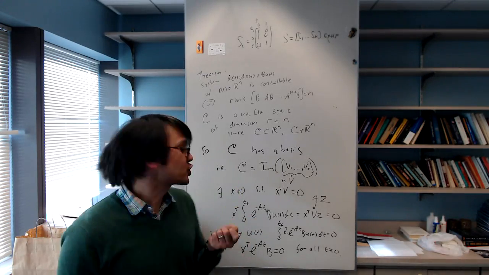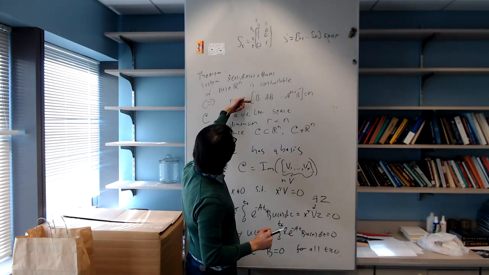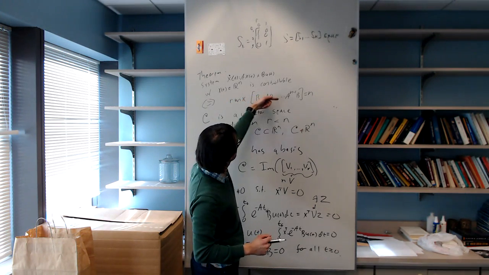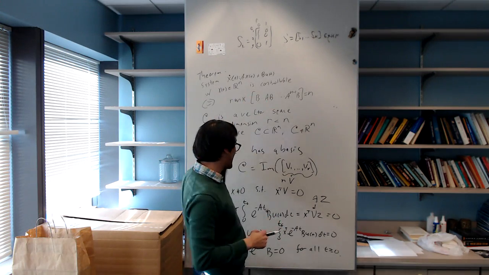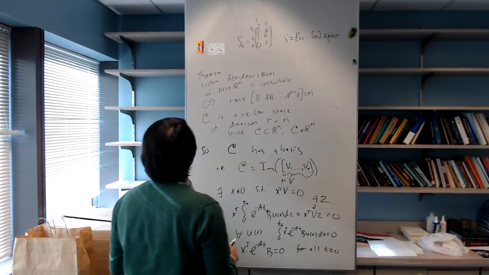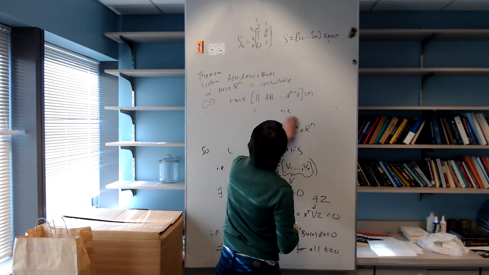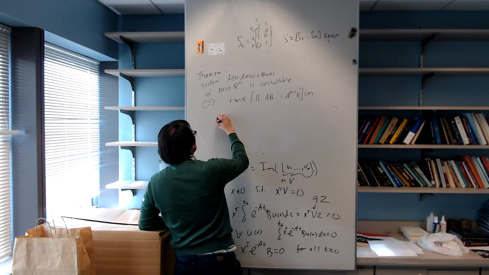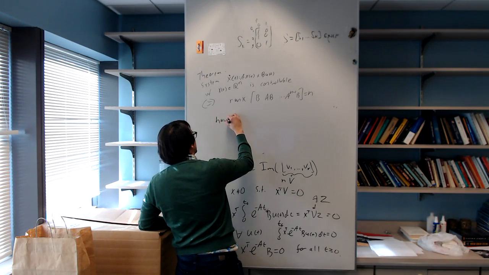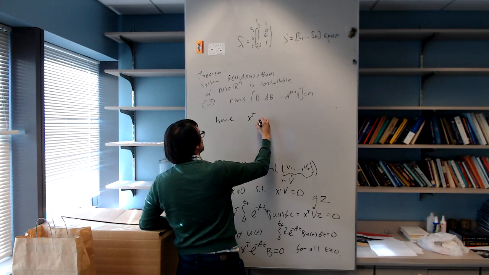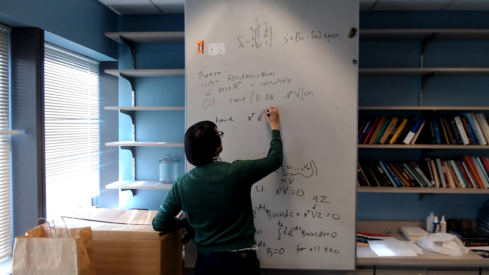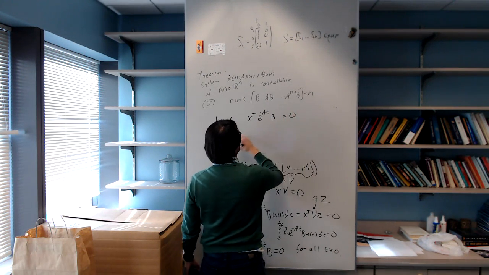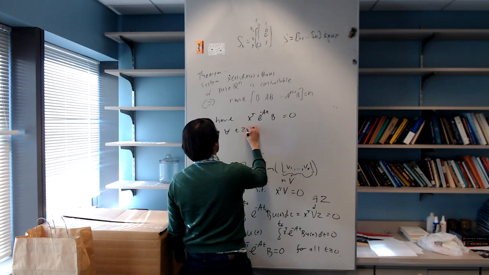Now what I'm going to end up showing is that this x transpose times that matrix has to be 0. So we have that x transpose e to the At B equals 0 for all t greater than or equal to 0.